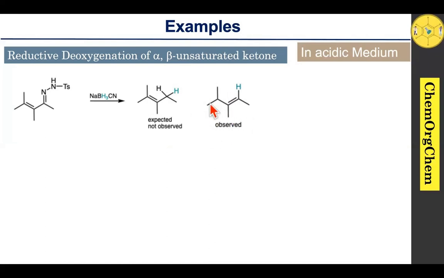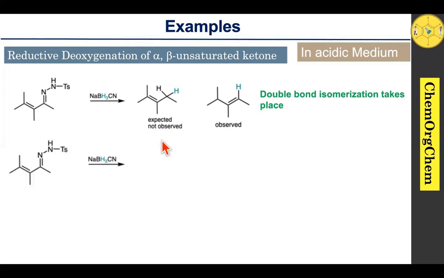Now look closely at this product. What happened? Exactly. Initially this bond is reduced, followed by double bond isomerization, to provide this observed product.